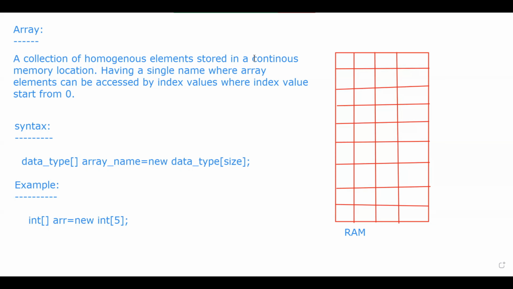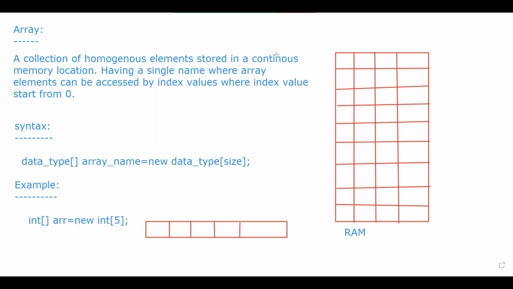What will happen, since the data in an array is stored in a continuous memory location? For example, how is it going to look? If I create an array in this format, in the memory an array of size 5 will be created, with positions 1, 2, 3, 4 and 5.